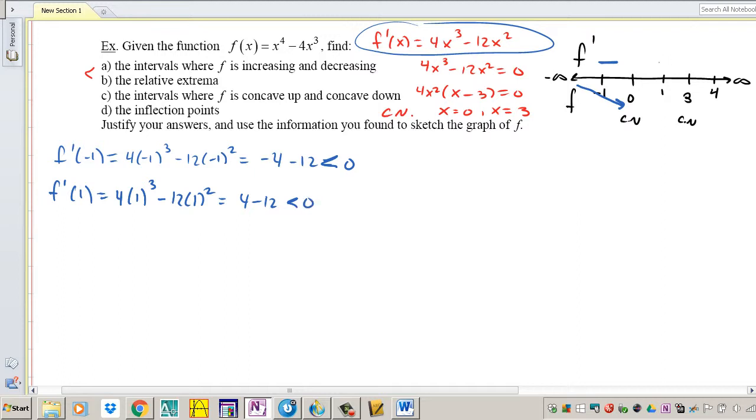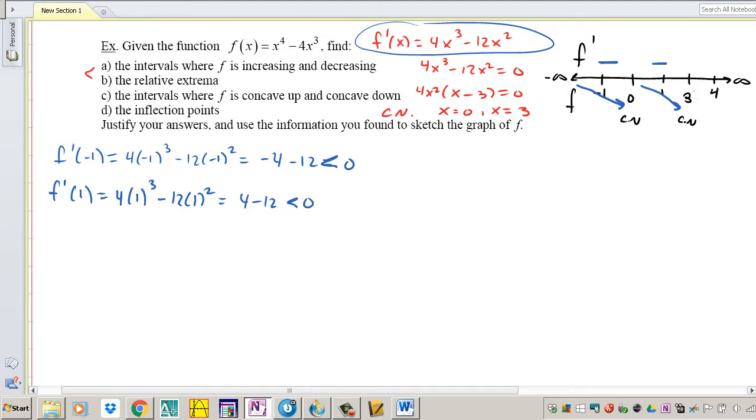So now here's the example where I told you guys that not all the time will you have alternating increasing, decreasing intervals. Now you have both of these to be decreasing and decreasing.